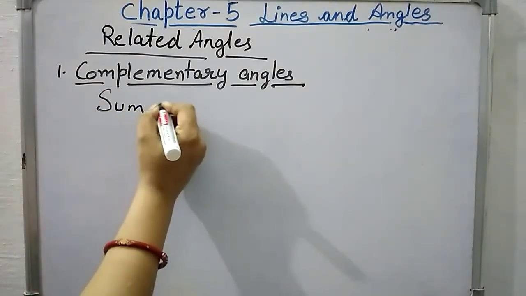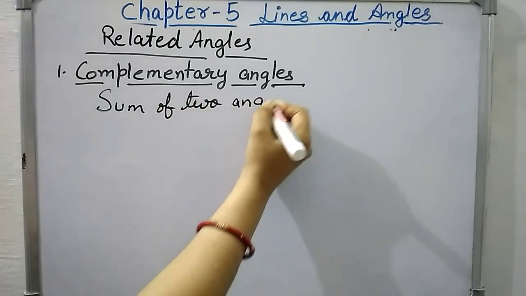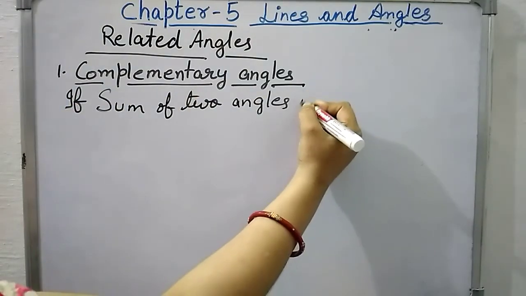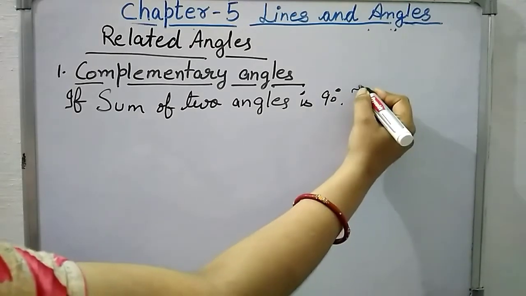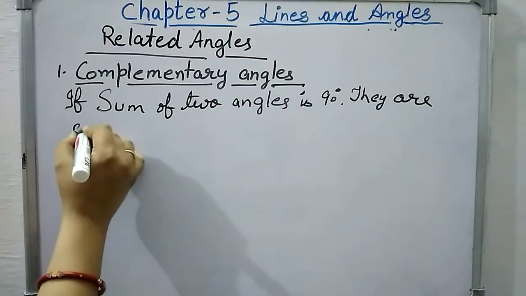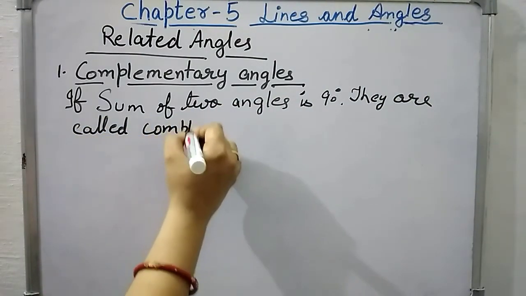So if the sum of two angles is 90 degree, they are called complementary angles.